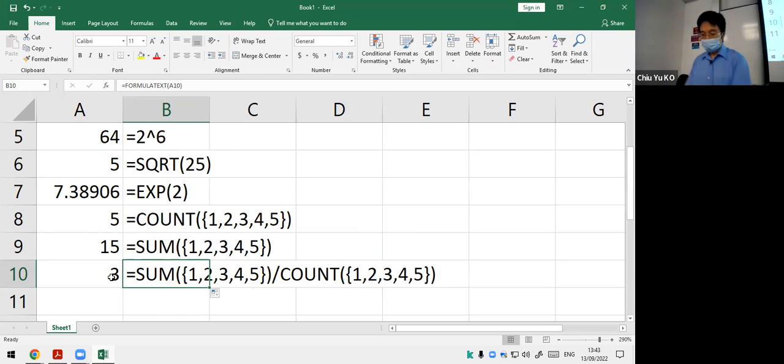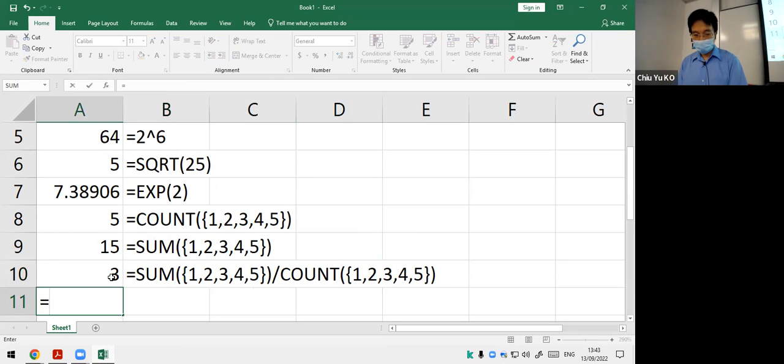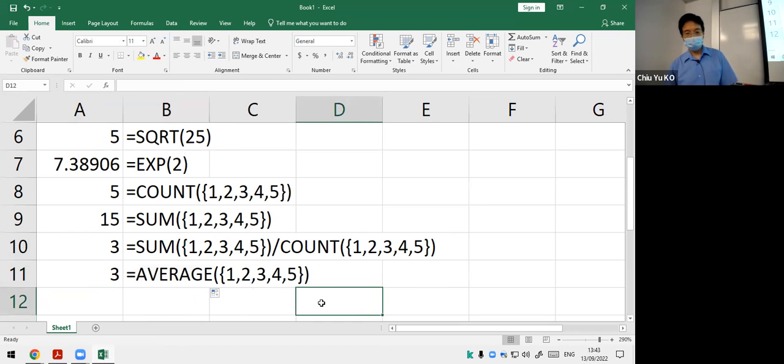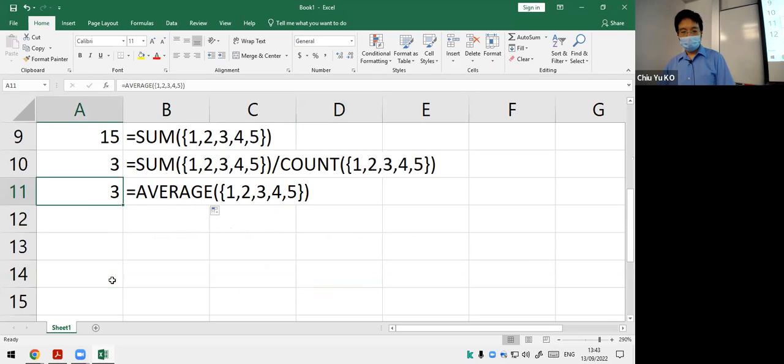So the good thing is, what happens if I write average, bracket 1, 2, 3, 4, and 5? If you do this, this will be the mean. This is exactly the same number we expect to get. And then you can change it to geo mean and harmonic mean.